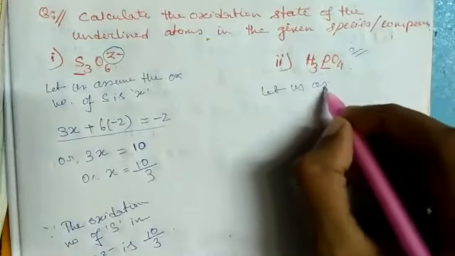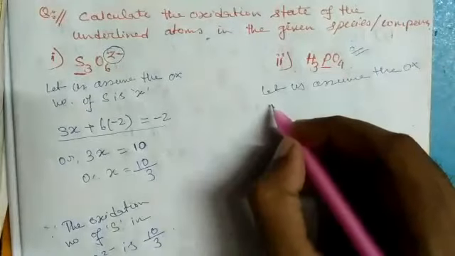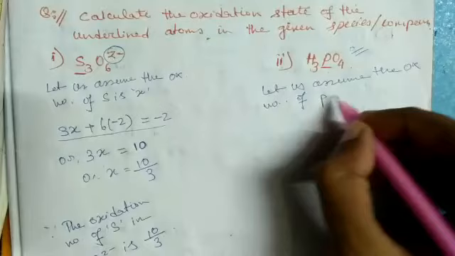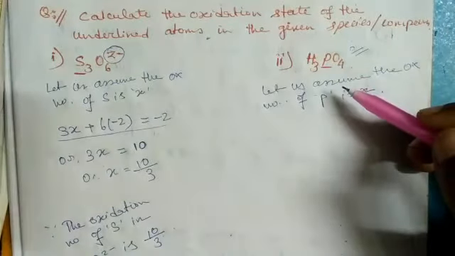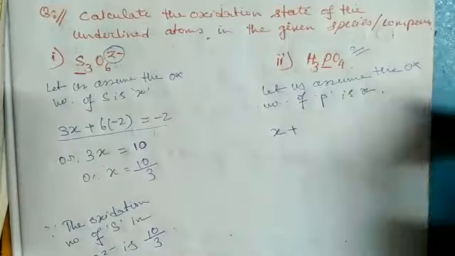Let us assume the oxidation number of phosphorus is X. As one phosphorus is present, we can simply write X plus.